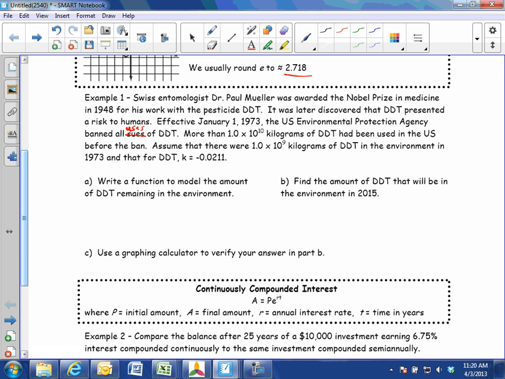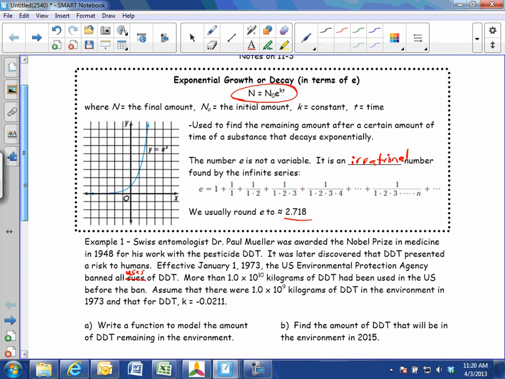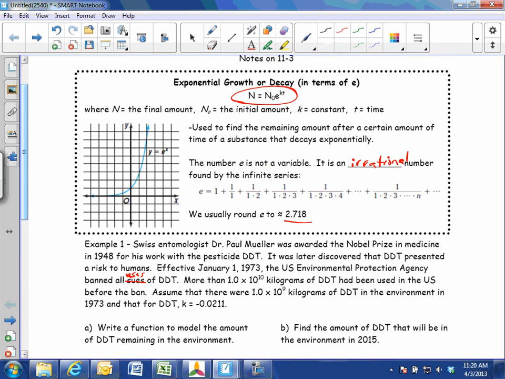More than 1 times 10 to the 10th kilograms of DDT had been used in the U.S. before the ban. Assume that there were 1 times 10 to the 9th kilograms of DDT in the environment in 1973, and that for DDT, k is equal to negative 0.0211. When they say k, they mean the constant of how it decays, so this is the decay rate.